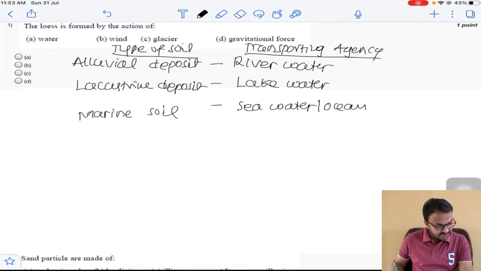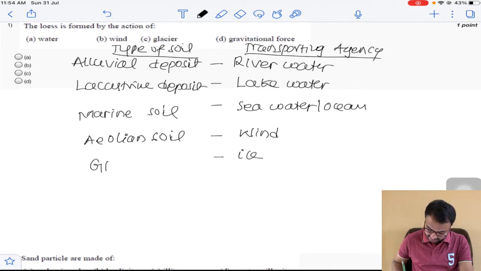If the transportation agency is wind, then it is called aeolian soil. If the transportation agency is ice, then it is glacier soil.